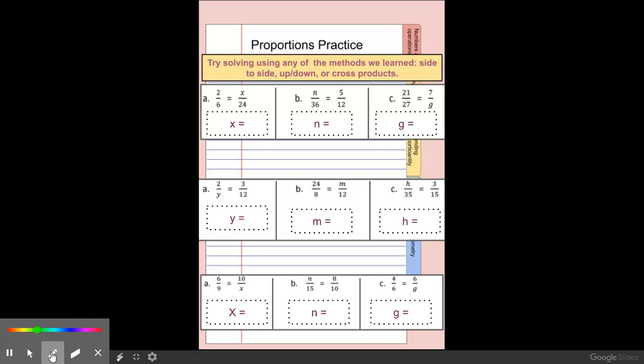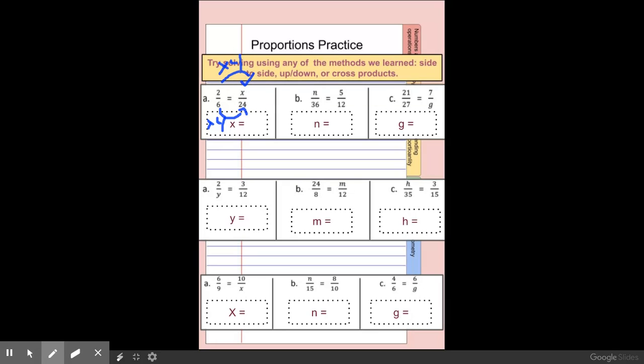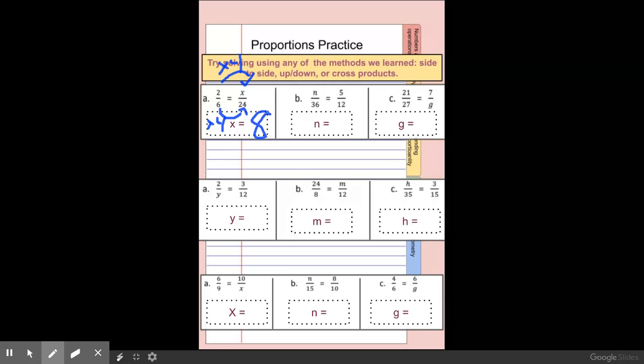Okay, so if we look at A, I see a relationship between 6 and 24. So 6 times what? 6 times 4 is 24. So that means I also need to multiply by 4 on the top. And 2 times 4 is 8. So x is equal to 8. Okay.